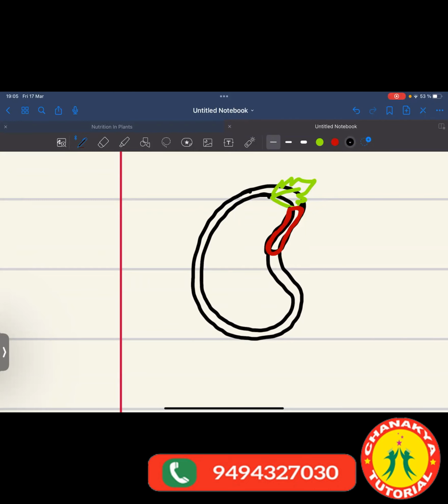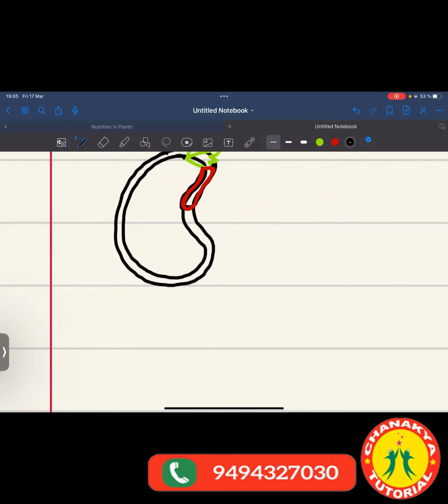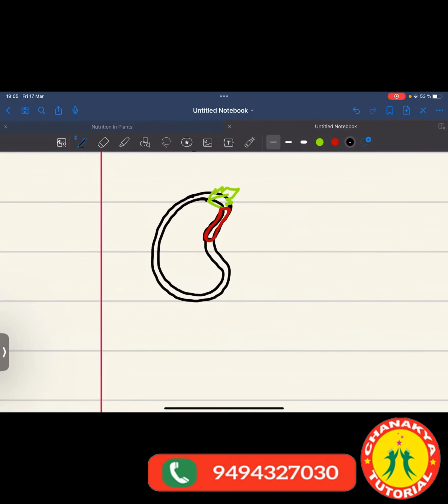All right. So this portion, there is another part.